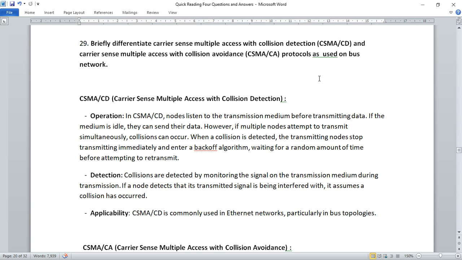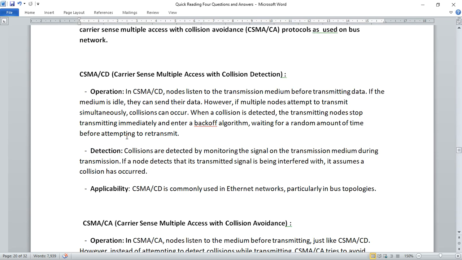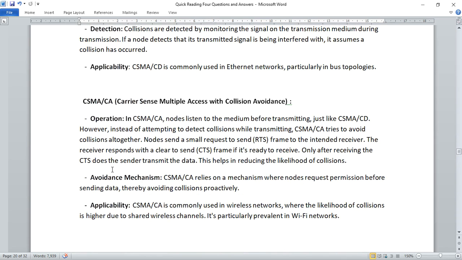Machine B, on the other hand, might have detected a free cable and still transmitted data. What happens? This data brings collision. And therefore, when this collision happens, each machine calls back its data and waits until the cable is free, then transmits. So, on the other hand, we have the collision avoidance.